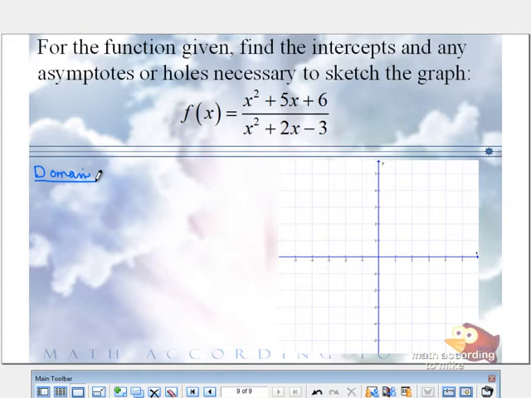All right. Domain we talked about last section. Of the 3 rules, 2 of which we know, which of those 3 rules can this possibly violate? Divide by 0.